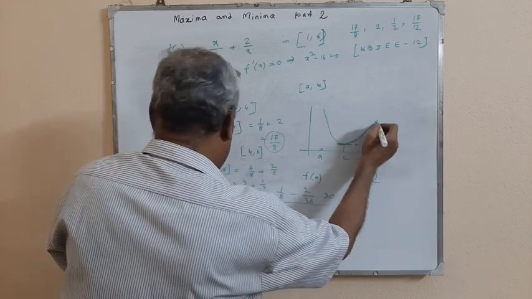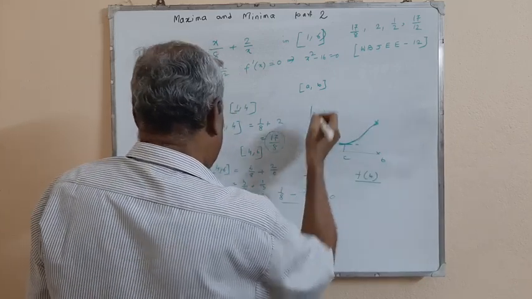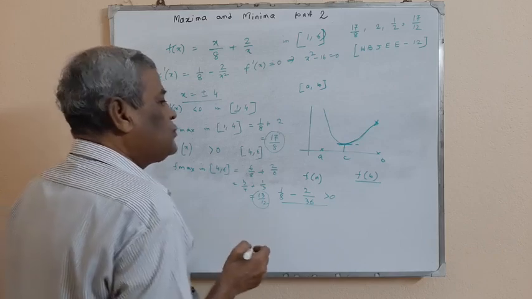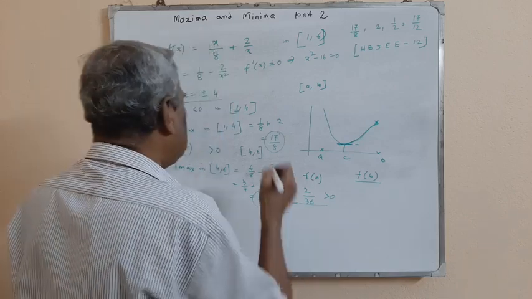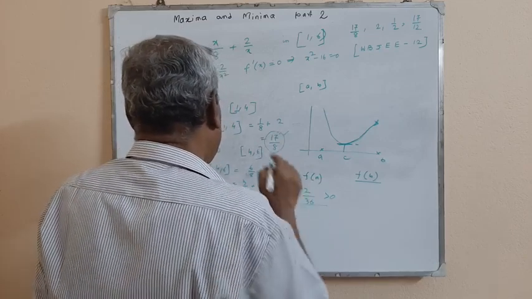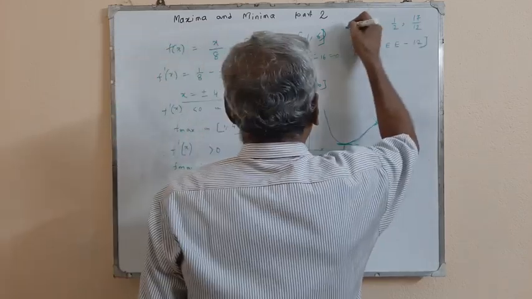So here it is 13 by 12, and at the other it is 17 by 8. Between these two maximum values, 17 by 8 is more, so the maximum value is 17 by 8.